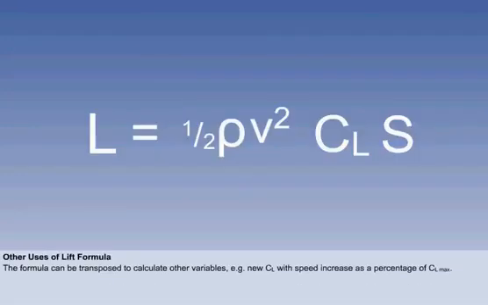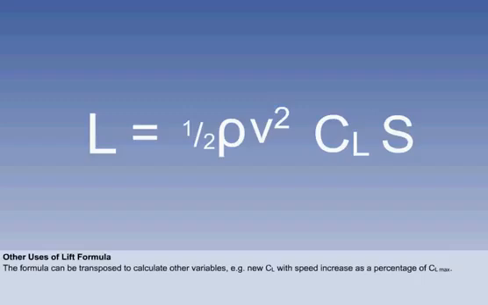The lift formula can be transposed in several ways to calculate variables which may be of interest to a professional aviator. For example, if speed is increased in level flight by 30% from the minimum level flight speed, we can calculate the new CL as a percentage of CL max.